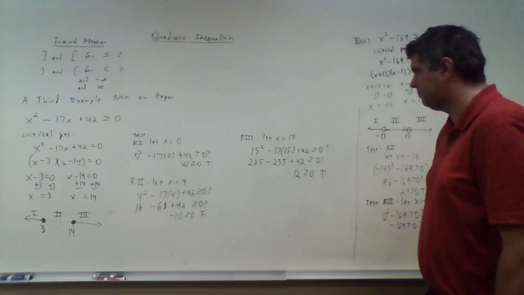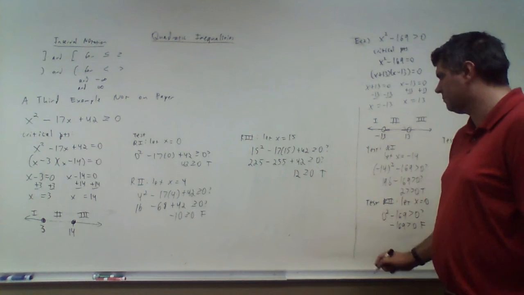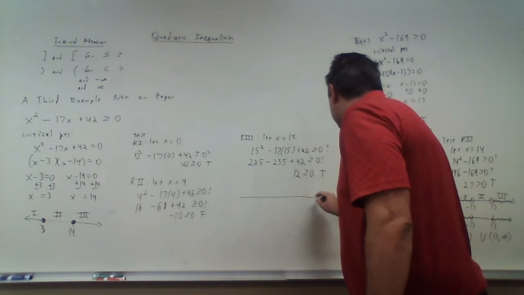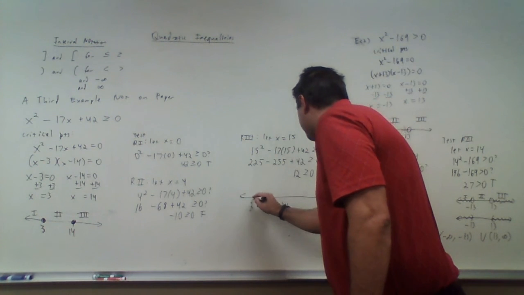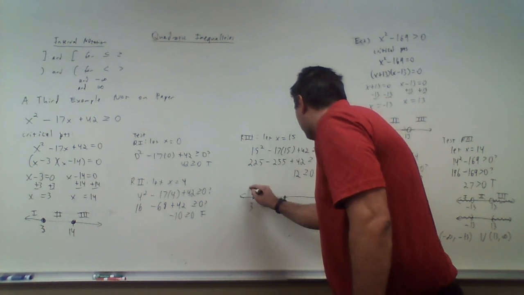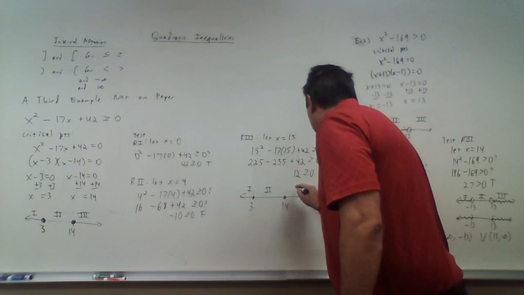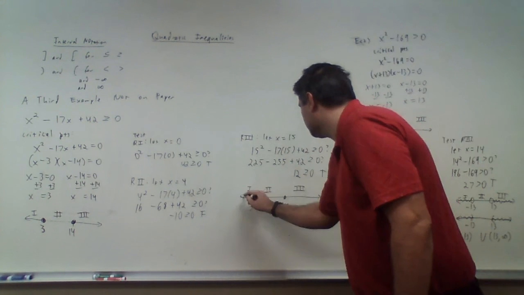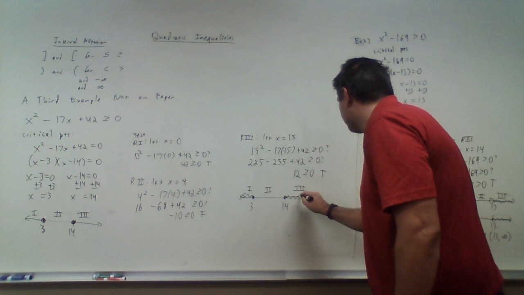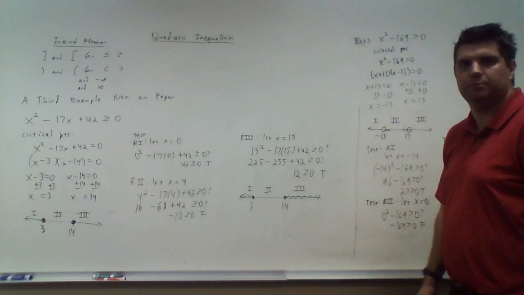And that's true. So, we still have 3, we have 14, closed dot, region 1, region 2, region 3. Regions 1 and 3 were true.